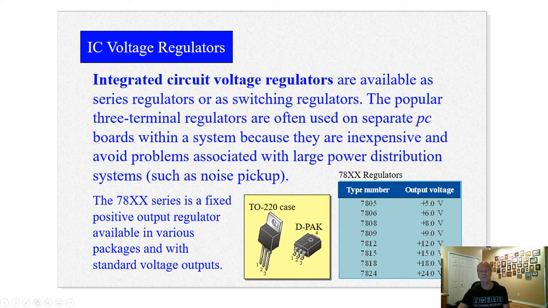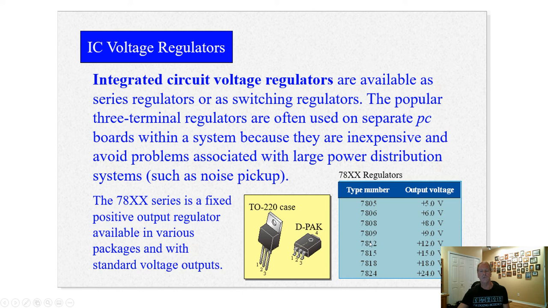So you bolt this to a piece of metal, chassis, the side of the chassis, or maybe a big heat sink. So the number at the end of the part number refers to the voltage output. So 7805 is a 5 volt output, 7806 is 6 volt output, and so on. You can get 7824, 24 volt output. Not very common.